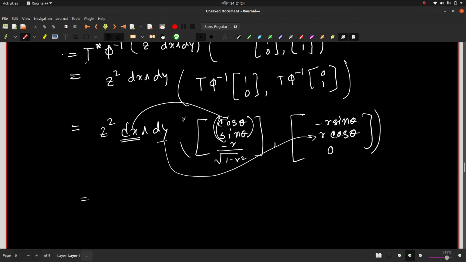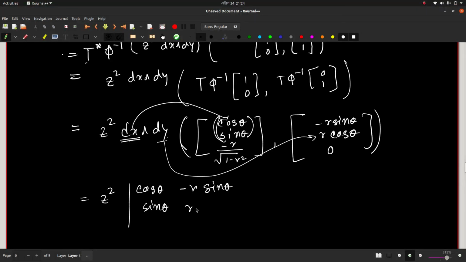So this dx dy will act on these 2 vectors, and it should give you a determinant cosine theta minus r sine theta, then sine theta r cosine theta, and this is just z square. If you compute the determinant, this is just r. Then you express z in terms of r, and z square is just 1 minus r square times r, this is just r minus r cube, right?